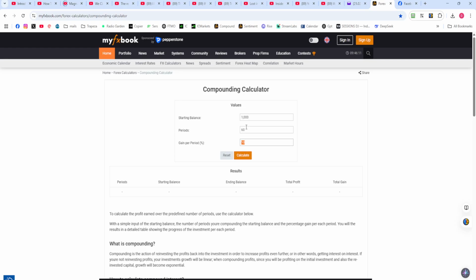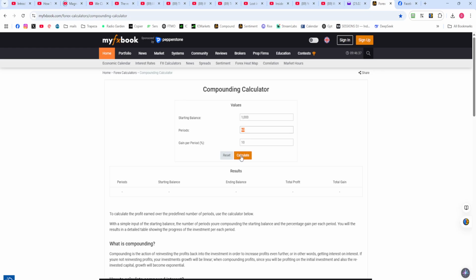It could be, as I said, 60 trades, or 60 days, so every day you aim for that 10%. It could be 60 sessions, it could be 100. It could be essentially the goal that you put, guys.